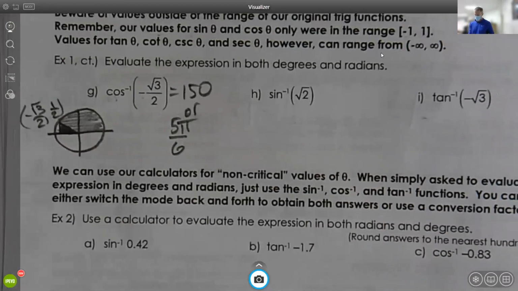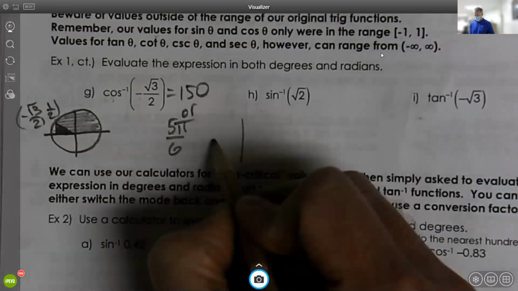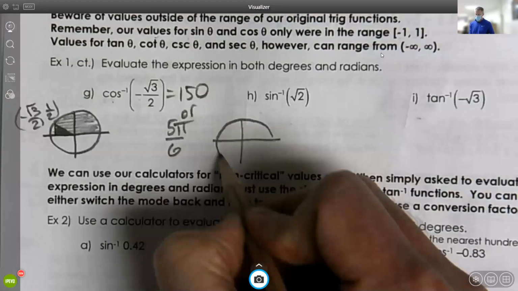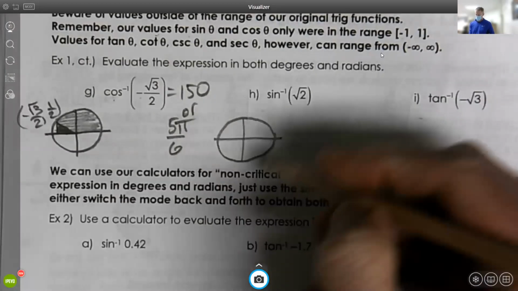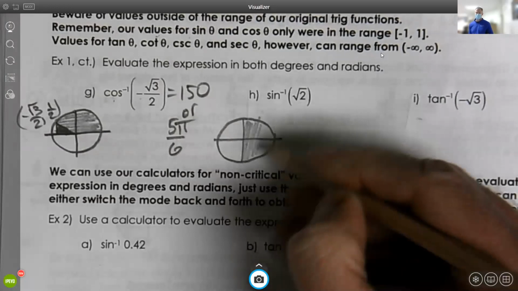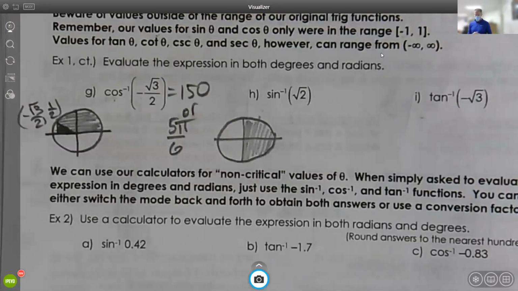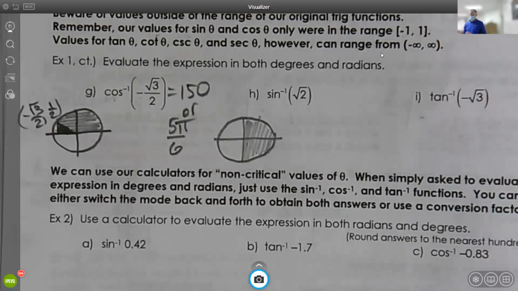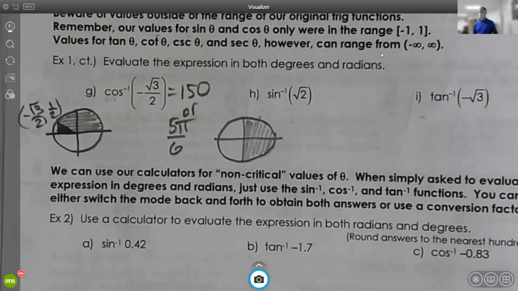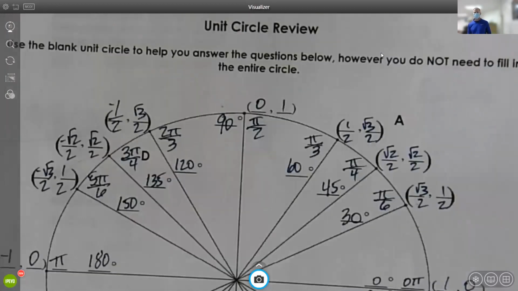Now this next one, we're looking for root 2. We typically would only look for answers in the first and fourth quadrant for sine. We think that, well, that's kind of weird because root 2 is not one of our values that we typically get.